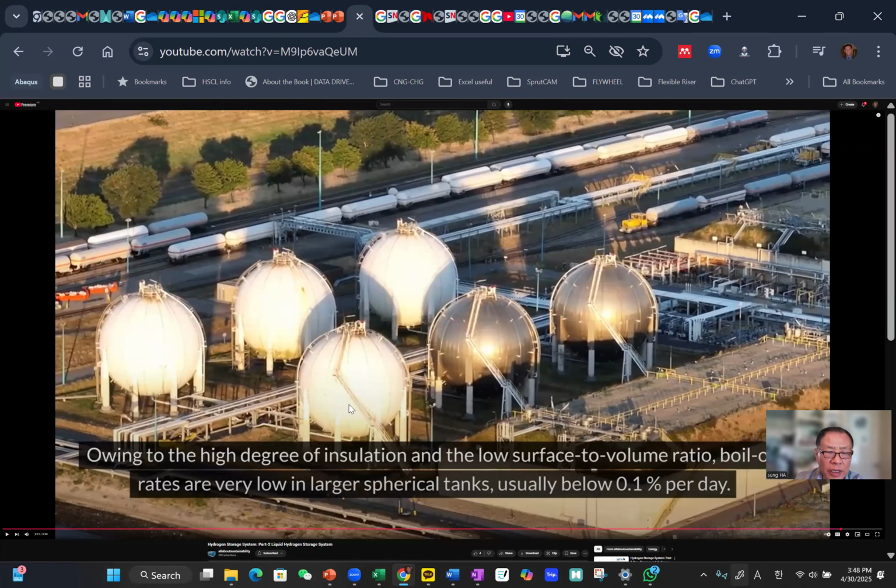That's why they are using this kind of spherical shape to store liquid. As they mentioned, the low surface to volume ratio. The sphere type is the best one in that respect, but volume efficiency-wise, this is not so efficient for the storages.